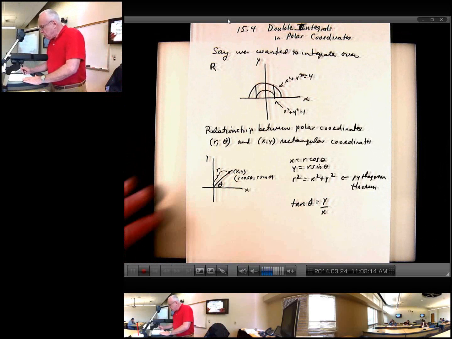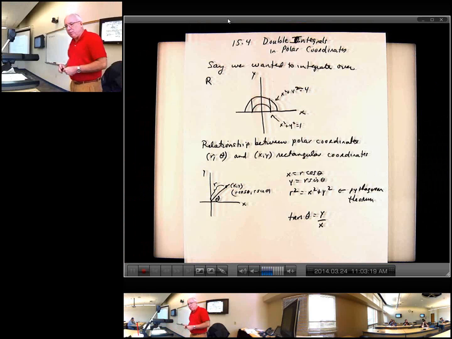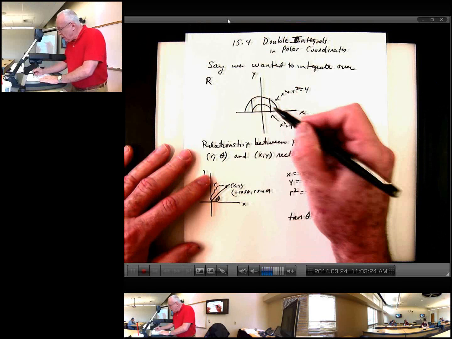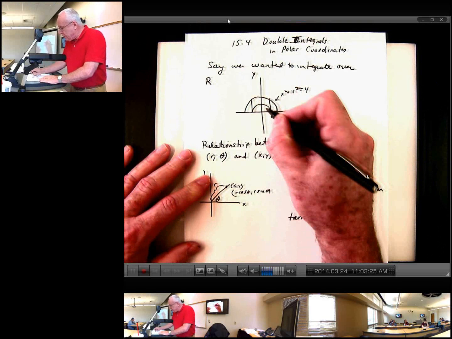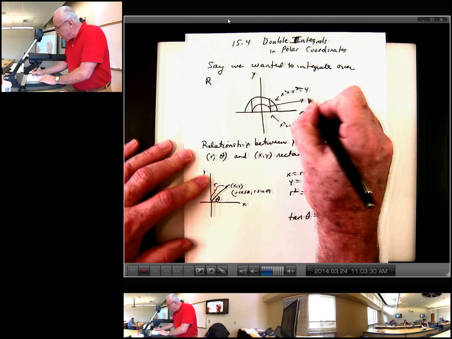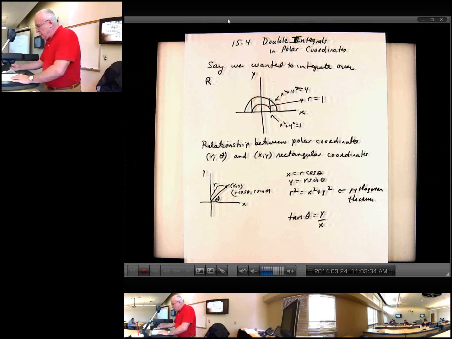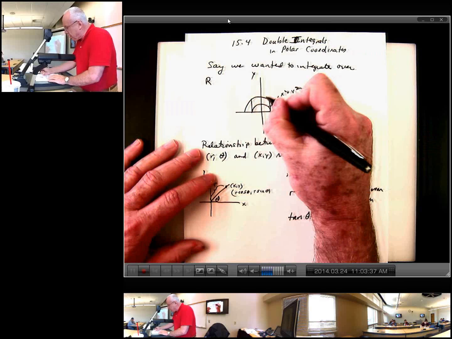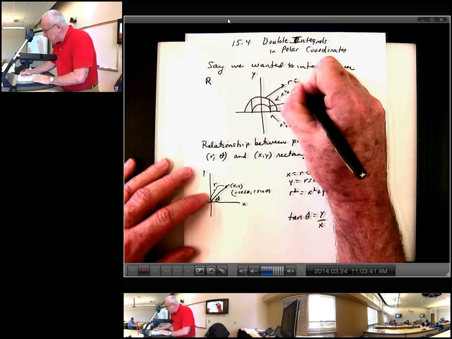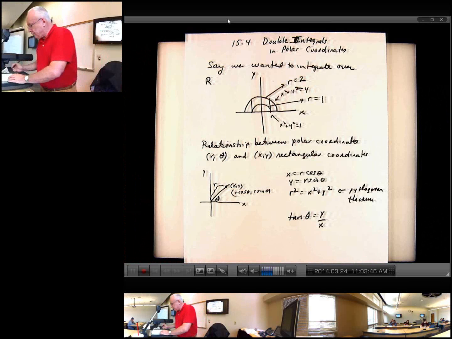If we want to describe this region up here in terms of polar coordinates, basically what we have is this. The first half circle represents r equaling 1, the radius of that circle. And the other half circle, where x squared plus y squared is equal to 4, represents r equaling 2, a radius of 2.